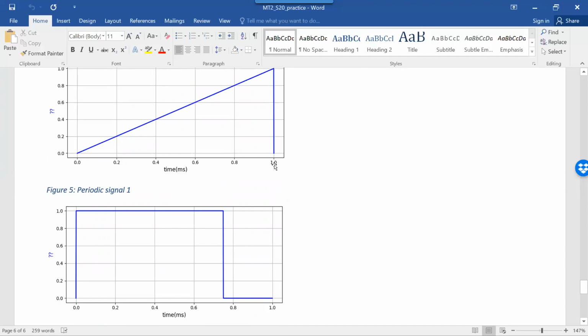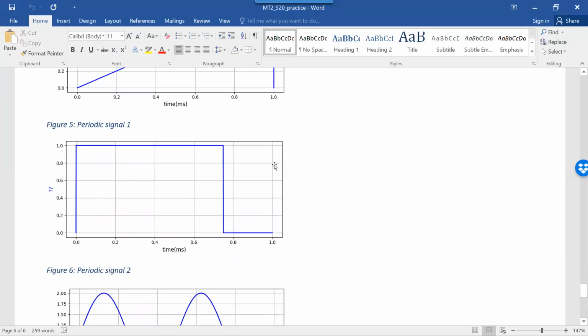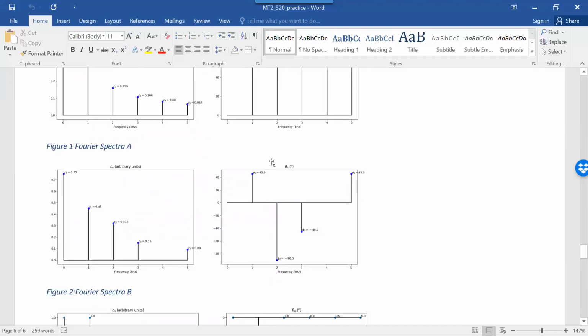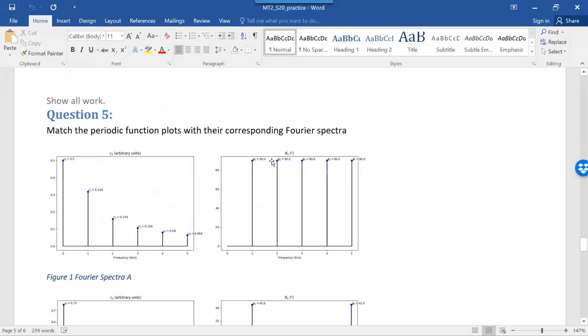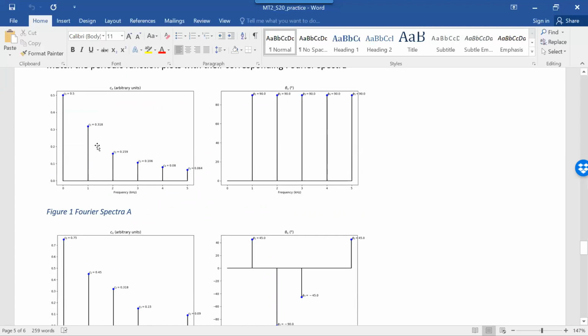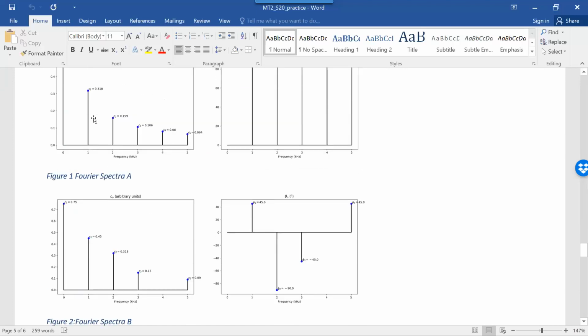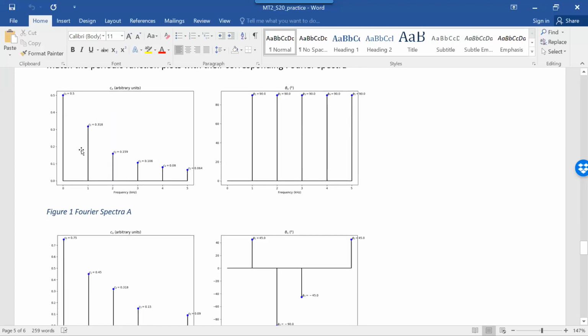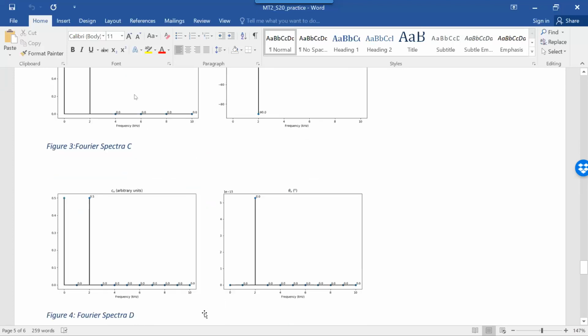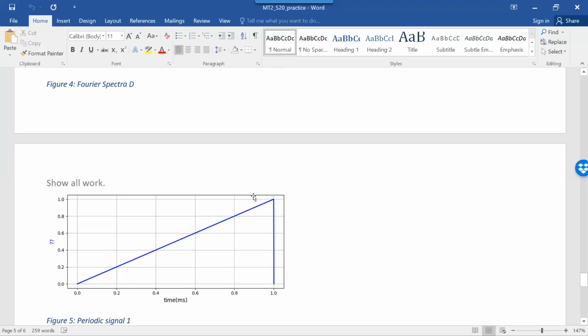The period here is 1 millisecond, 1 millisecond, so which ones have harmonics at 1 kilohertz? Well, the first two. Now, you could come up with this function and then try to solve for the Fourier expansion, but it's kind of difficult.